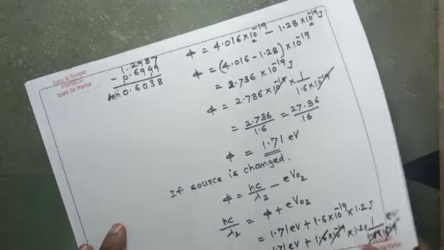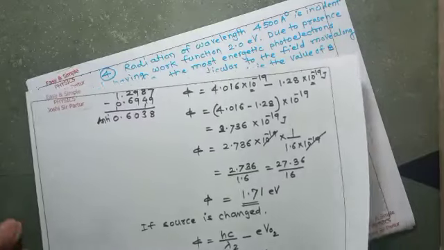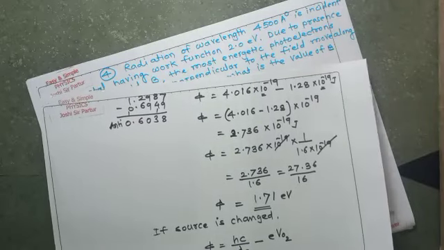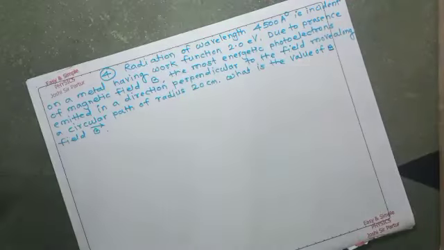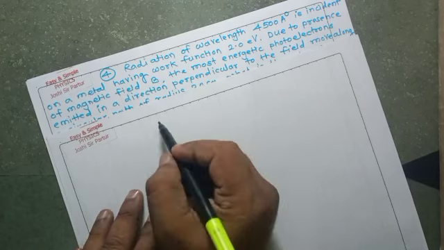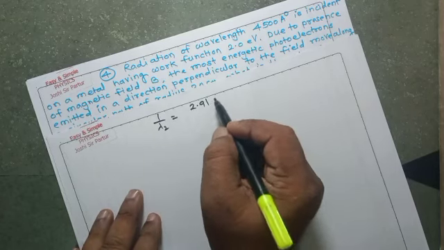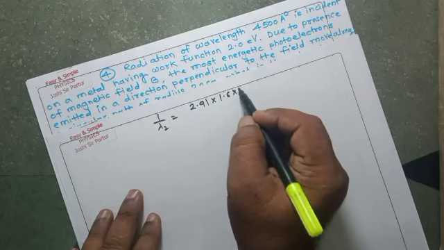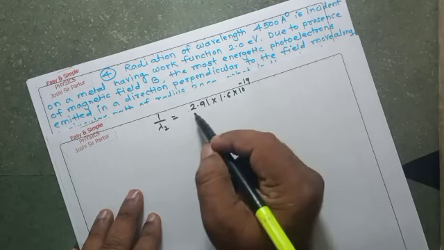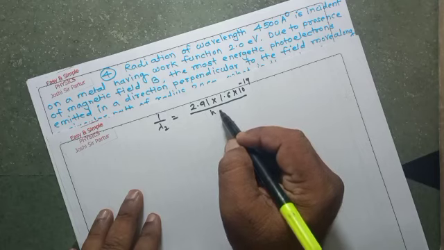So if we want to find lambda 2, then here 1 upon lambda 2 is equal to 2.91 into 1.6 into 10 raised to minus 19 divided by Hc.